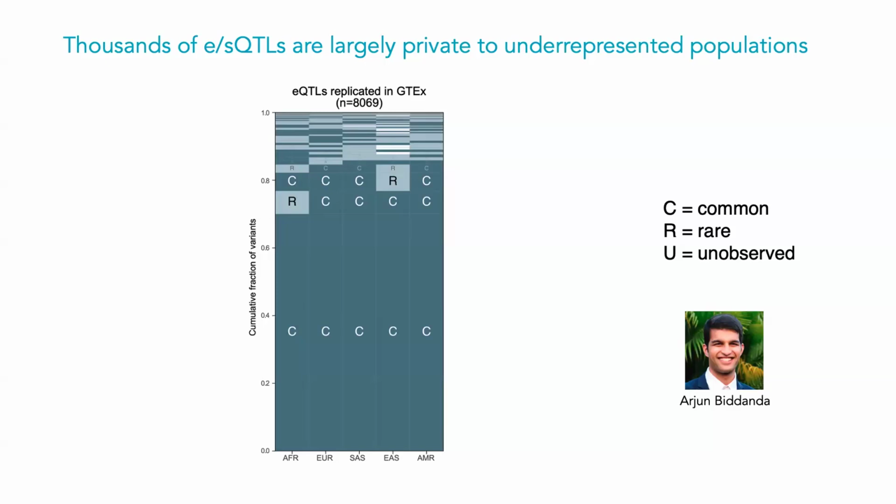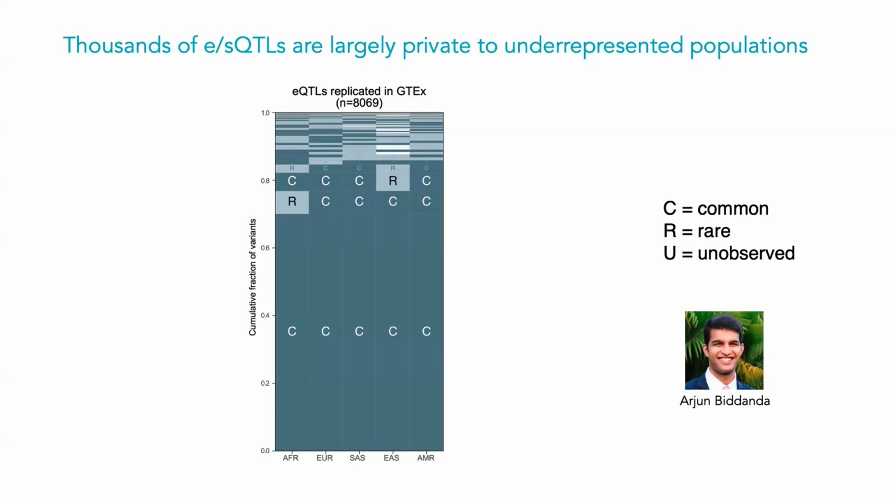So African, European, South Asian, East Asian, and admixed American. And then the height of the bars is telling you the proportion of variants that's falling within a different joint frequency class. So C is short for common. So this big block are variants that are common in all of the different continental groups.